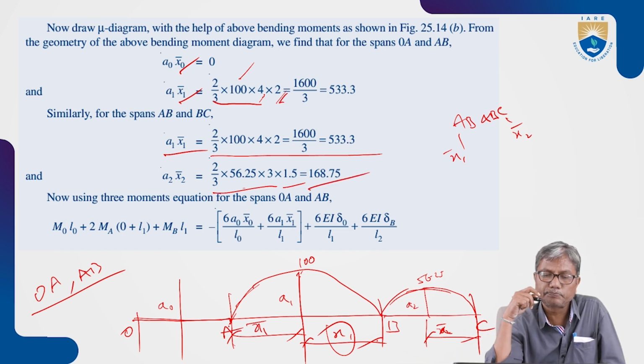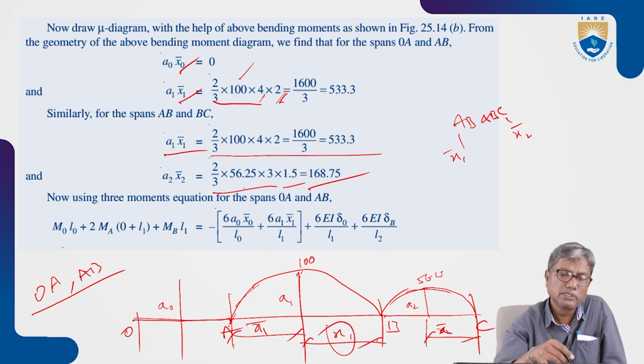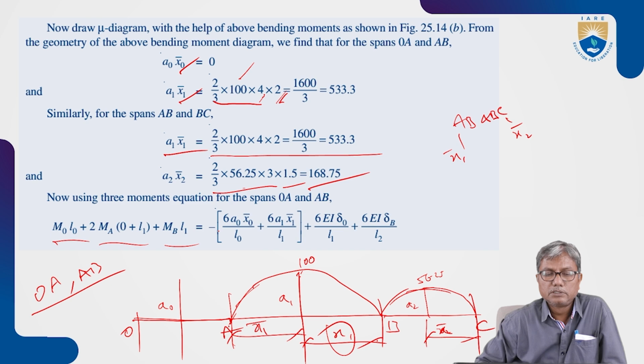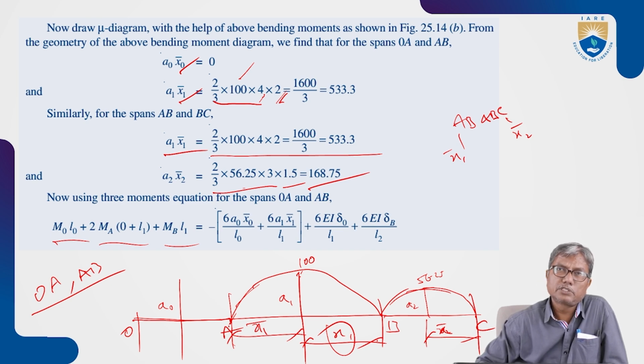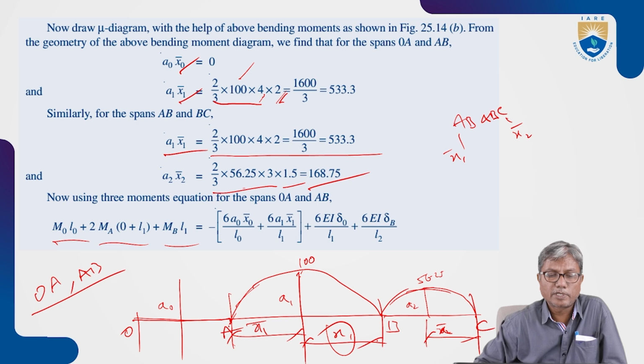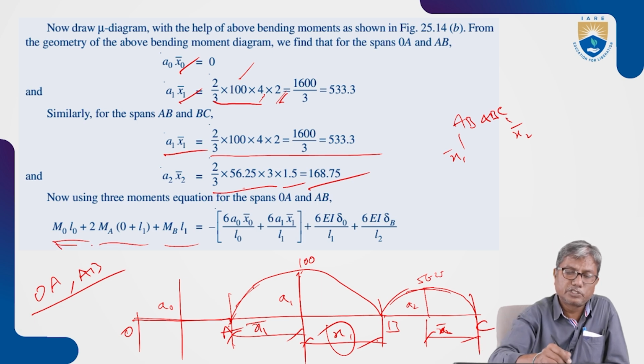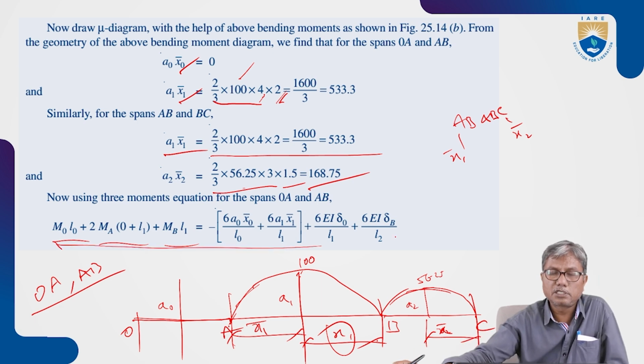Now we know all the values, so substitute first in the equation. The three-moment equation for spans OA and AB is this one: M0 L0 plus 2MA into L0 plus L1 plus MB L1.